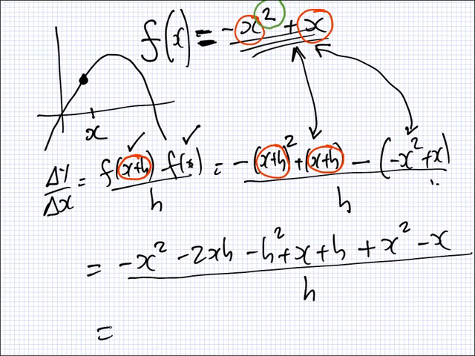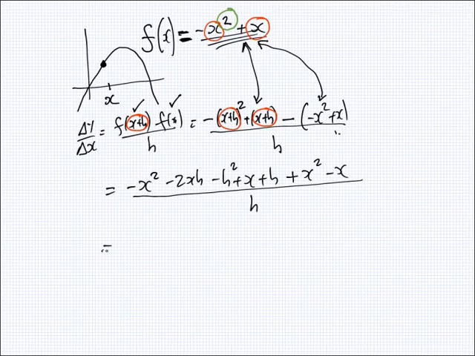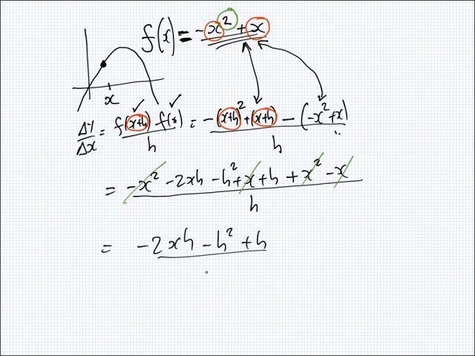If I clean this up a little, this cancels with that, and this one cancels with that one. What am I left with? Minus 2xh minus h squared plus h, all over h. Let's divide everything by h: minus 2x minus h plus 1, or just minus 2x plus 1 minus h.